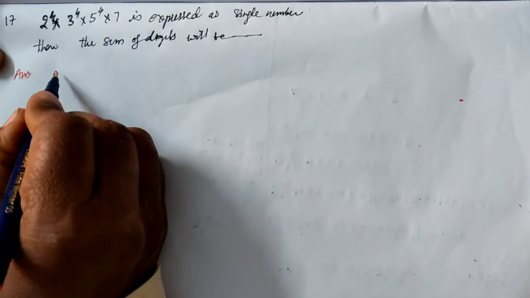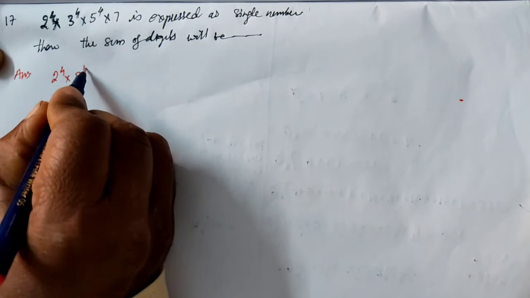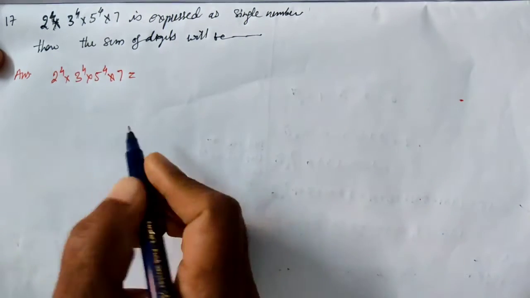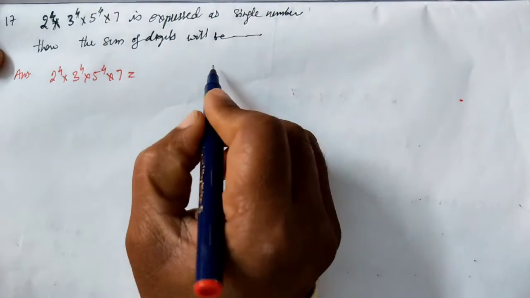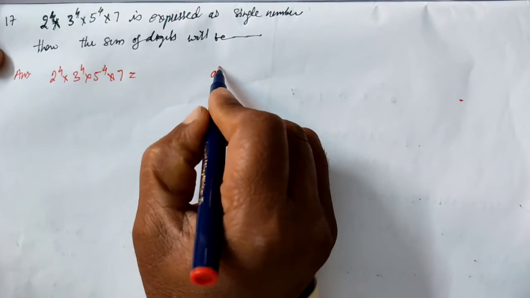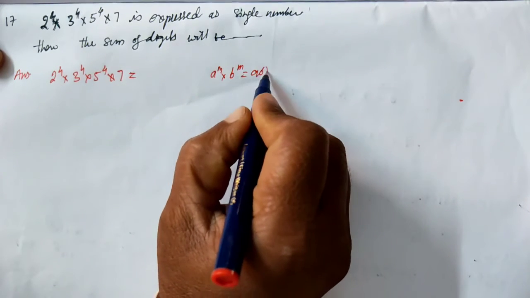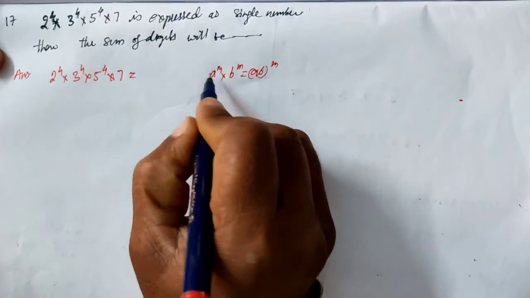So we have to find the sum of the digits. 2 to the power of 4 into 3 to the power of 4 into 5 to the power of 4 into 7, which is equal to, as we know that a to the power of m into b to the power of m is equal to ab to the power of m, we can write this.